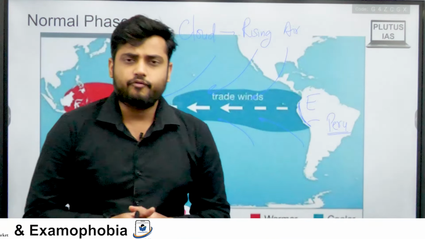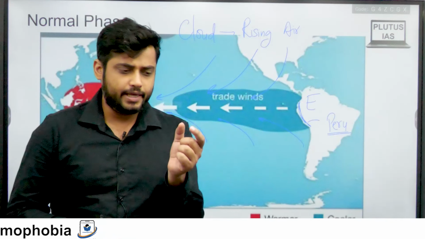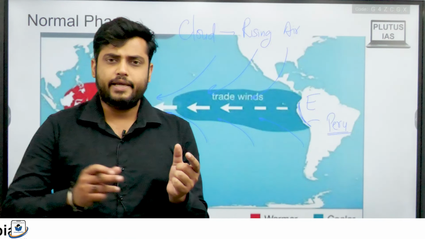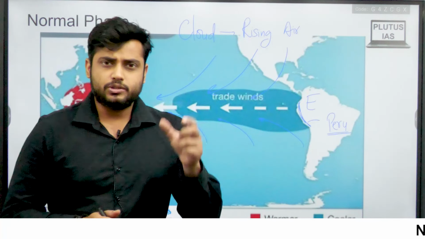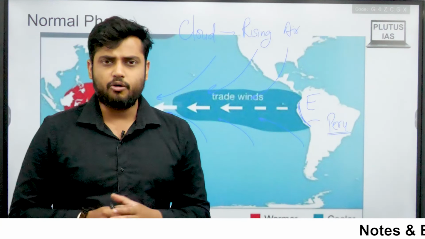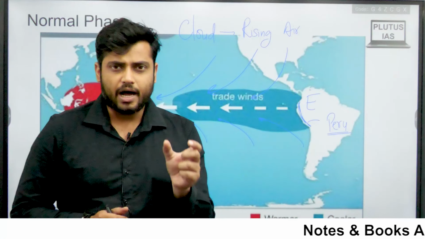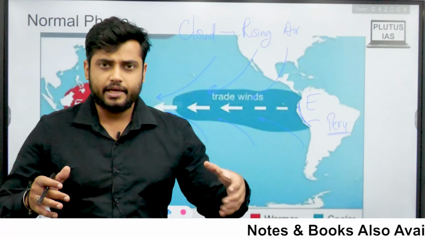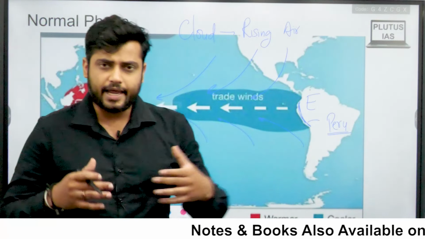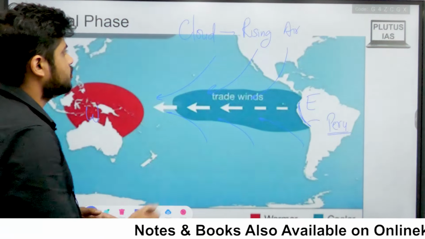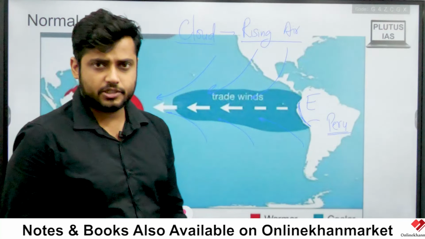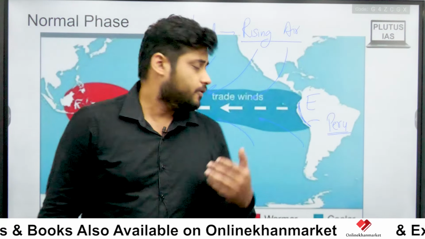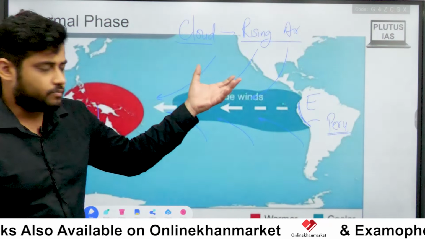And all of you know why warm air rises. If you take a hot air balloon or a helium balloon, it rises in the atmosphere. Why does it rise? Because helium is less dense than the surrounding air. In the same way, warm air is less dense than the surrounding air and it rises upward just like a hot air balloon. So the clouds are formed by the rising air, and the air must have some moisture in order that the clouds can form.